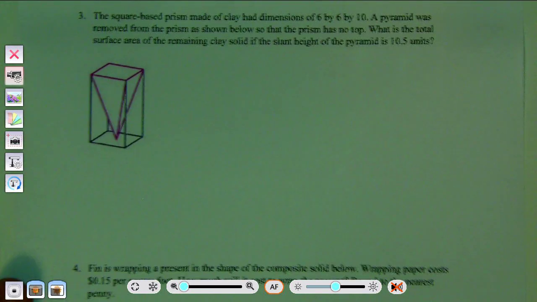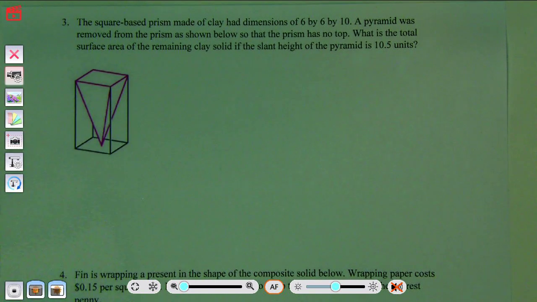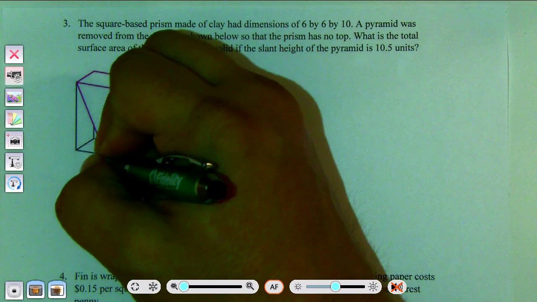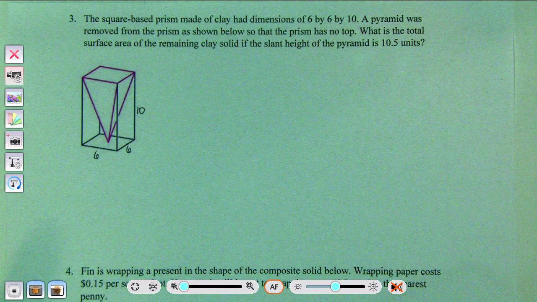Onto the back. Now number 3 at a glance seems like it's going to be a little tricky. So let's do the reading. Square-based prism made of clay, so think Play-Doh, had dimensions 6 by 6 by 10.